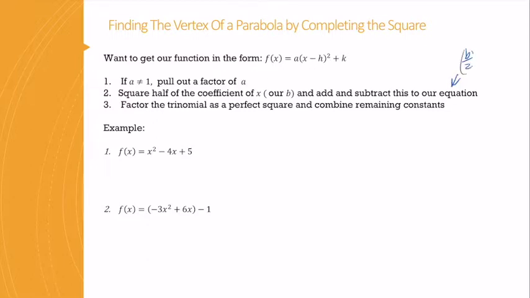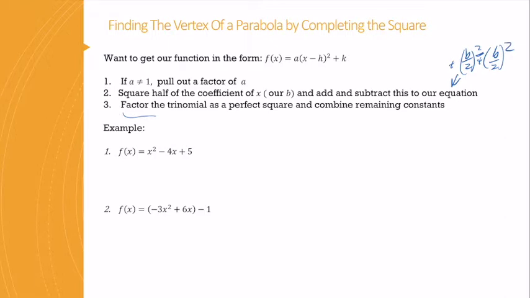If we add and subtract b divided by 2 squared, it will be like we're adding 0, so we haven't changed our equation at all. Then we can factor the trinomial as a perfect square and combine our remaining constants.